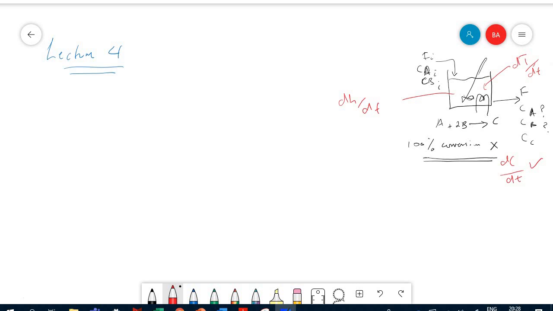Recalling very quickly from the overall mass balance equation, we already obtained dH by dt. Well, let me do it again, it's good for practice. So dm by dt is equal to input minus output flow rate.